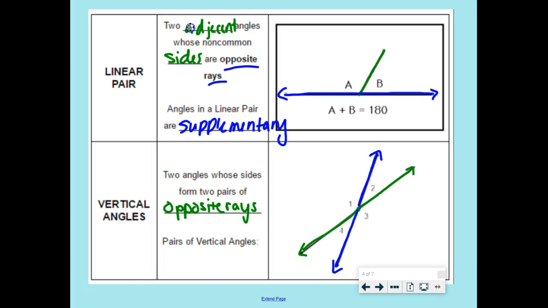So two pairs of opposite rays. So it's basically two straight lines intersecting. Vertical angles would be angles 1 and 3, and then angles 2 and 4.